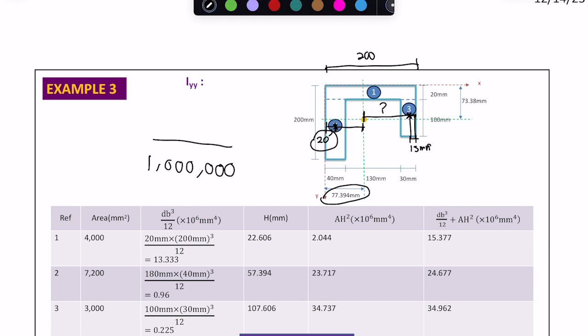And then you have to minus 77.394. You will get this distance. It is 107.606. 107.606 power of 2 times 3000 divide with 1 million, you will get 34.737 and get the AH square plus the I bar y, and you will get 34.962.